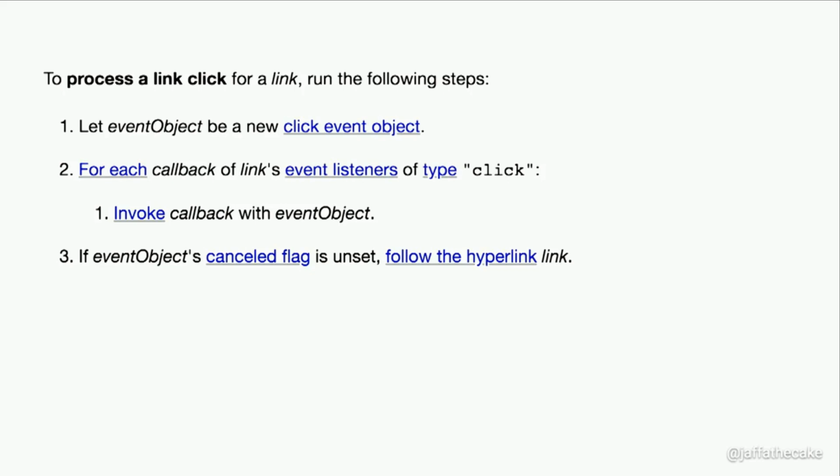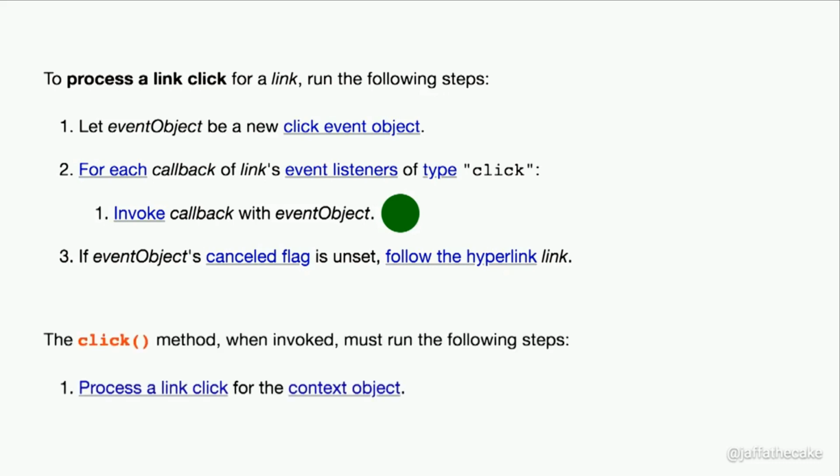So if the user clicks a link, that's fine. Our microtasks happen here after each callback, because that's where the JavaScript stack empties. But when we call click with JavaScript, it's just going to call out to our process a link click algorithm, and it only returns once that algorithm is complete. So the JavaScript stack never empties during this algorithm. So our microtasks can't happen.